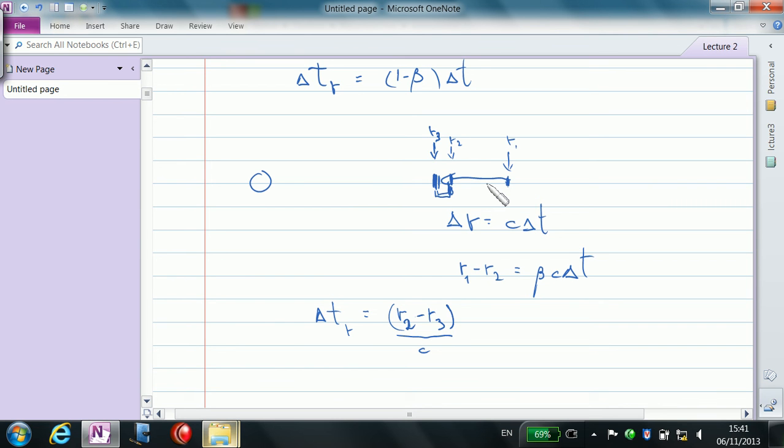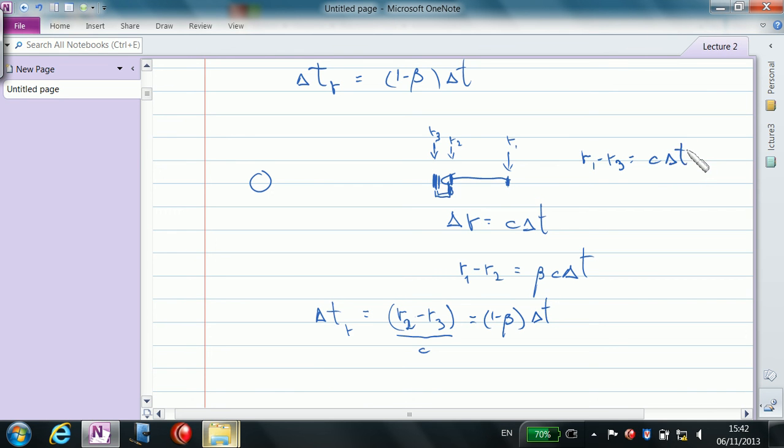And it had a lead of R2 minus R3. That's the distance separating the first light pulse, and so the time separating is just the distance separating divided by the speed of light, and this is equal to delta t times 1 minus beta, right? Because R1 minus R3 is equal to c delta t.